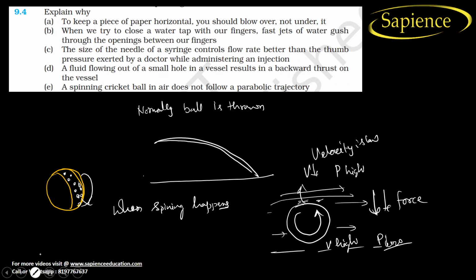But when we spin the ball, the ball may come down in this direction, so it may not follow the parabolic trajectory due to the Magnus effect. This is known as the Magnus effect. I hope you have understood this, right?